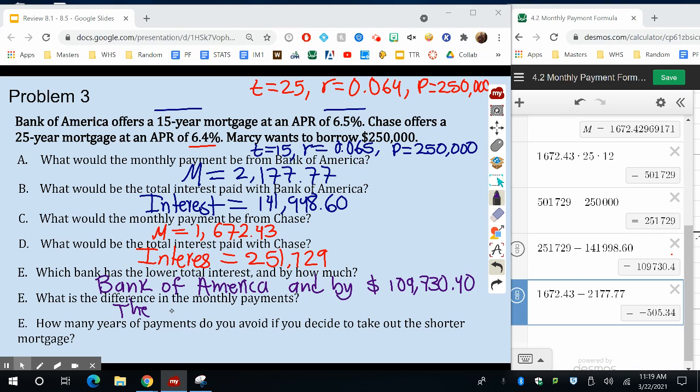The difference is 505.34. And the last question, how many years of payments do you avoid if you decide to take out the shorter mortgage? Well, with Bank of America, you have a 15. With Chase, you have a 25. So that is a 10-year difference. So you're gonna save 10 years of payments.